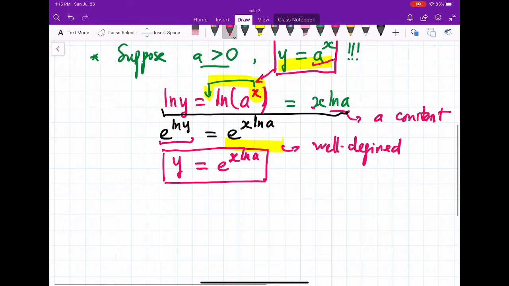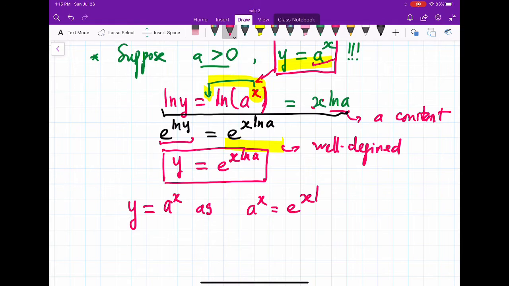So what does it mean? That means I can define the function y equals a to the x as a to the x equals e to the x ln a.